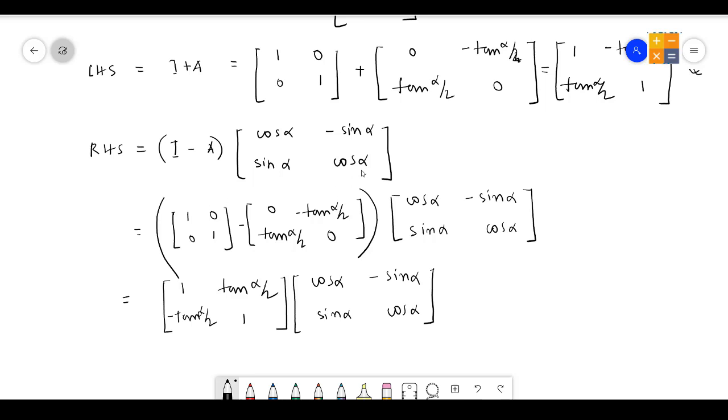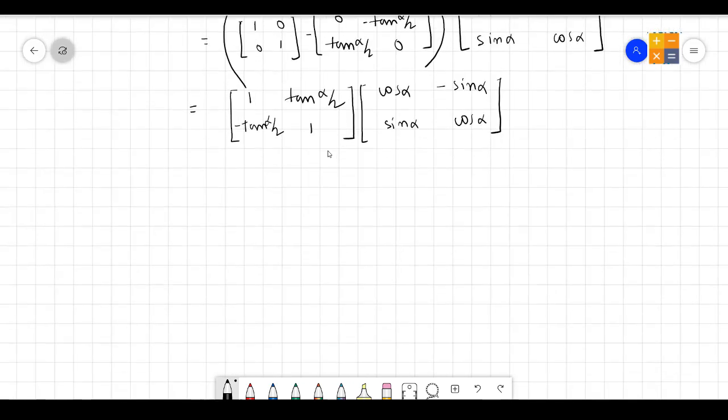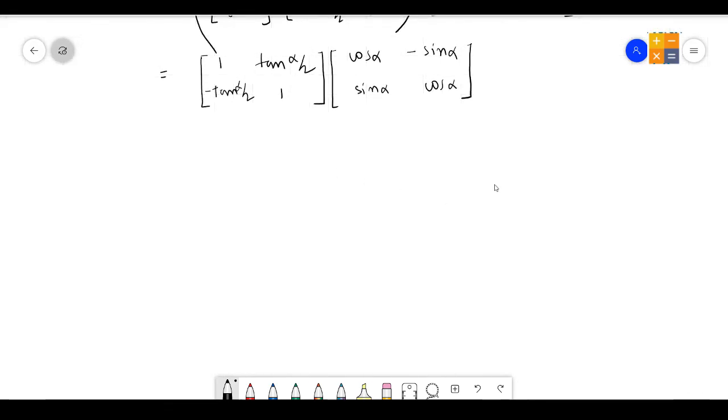After that coming to the multiplication part, we have to find out the product of these two matrices. The first row of the first matrix should be multiplied with the first column of the second matrix.